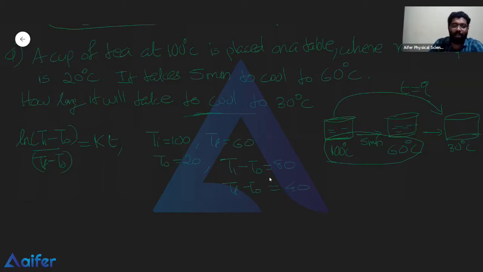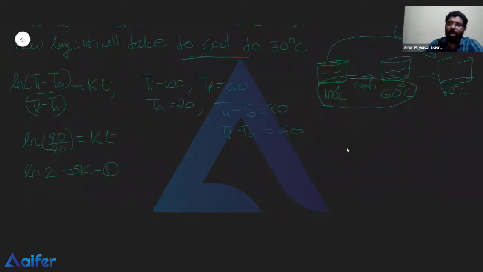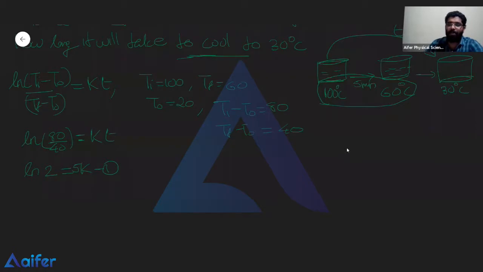If I substitute in this equation, I will get ln 80 by 40 equal to kt, right? So this is ln 2 equal to k into 5, that is 5k. This is equation 1, because it describes the first step.